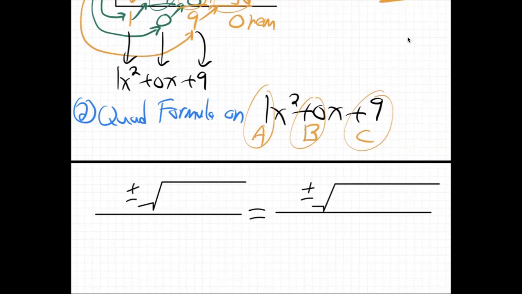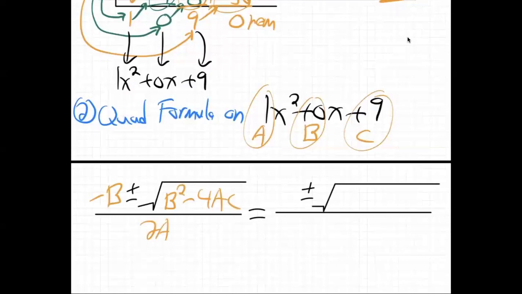So what's the quadratic formula say? Negative b plus or minus the square root of b squared minus 4ac all over 2a. So, okay, so what's that going to be then? That's going to be negative, and then plug in the b. The b is 0.